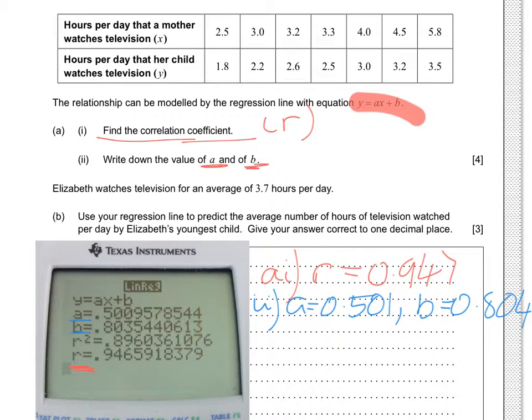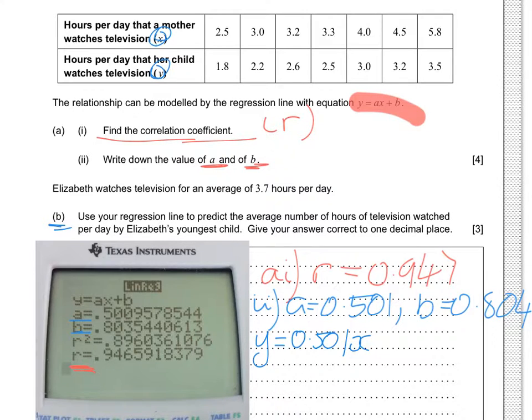Part B asks you to use that regression line. So we've got the equation Y, the number of hours that the child watches a day, is equal to AX, so 0.501 X, which is the number of hours that the mother watches a day.